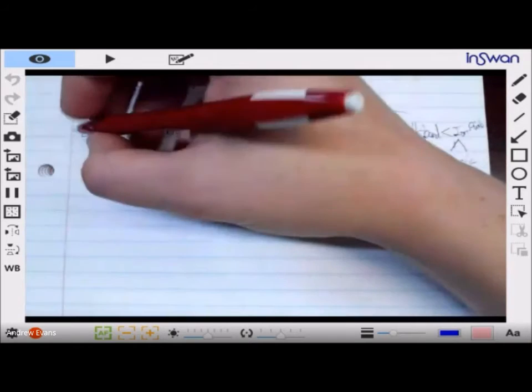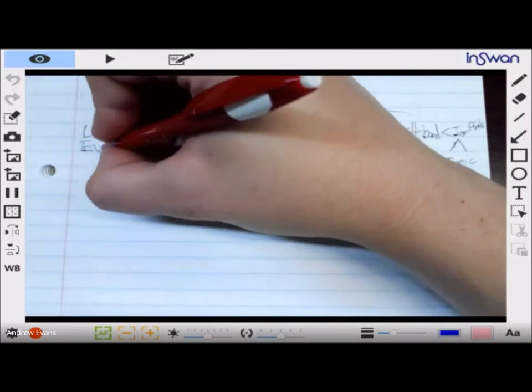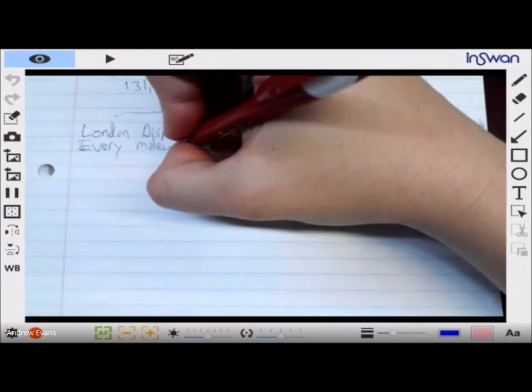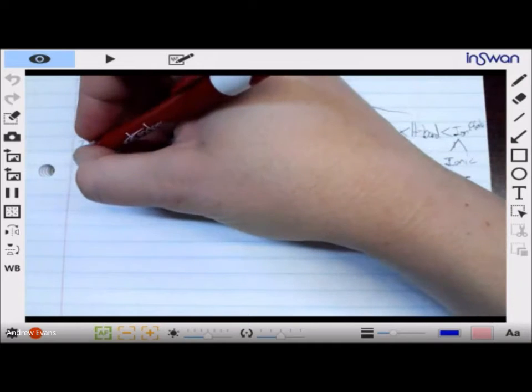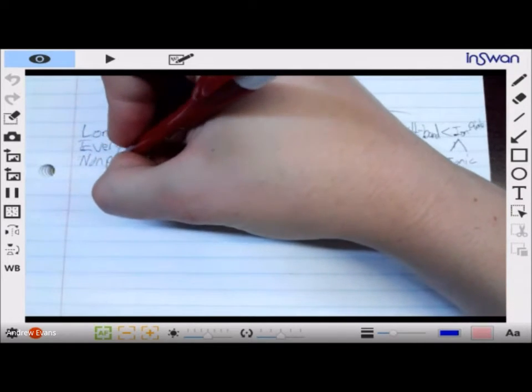London dispersion forces, which every molecule has, is the one that is largely prevalent in nonpolar molecules.